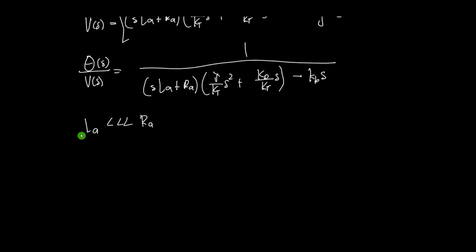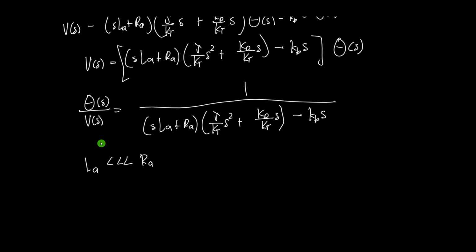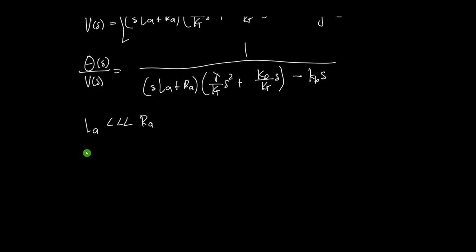This is only true for a DC motor, permanent magnet DC motor. But the general transfer function for a motor should be equal to this one here. So if we remove LA, very negligible LA, then theta S over V sub S now will be equal to 1 all over, we can factor out KT again here.